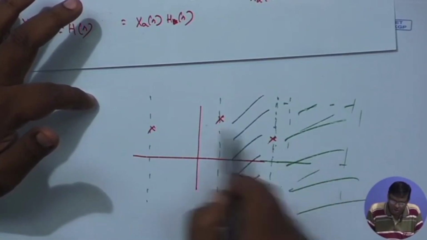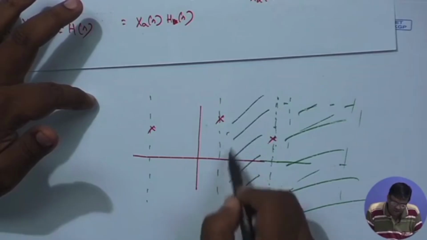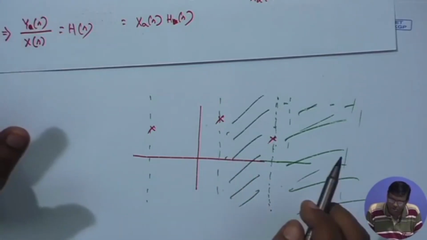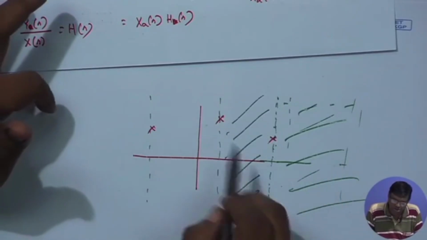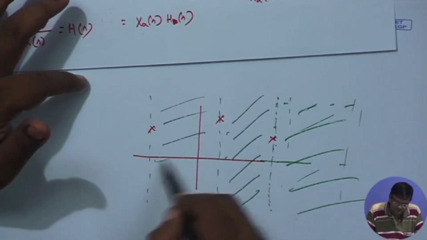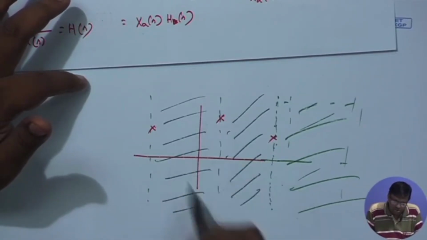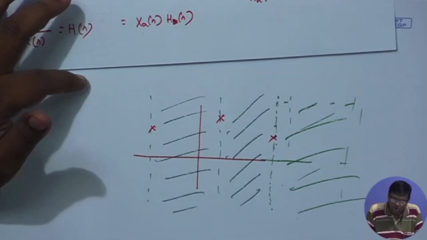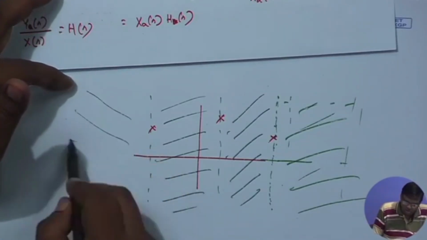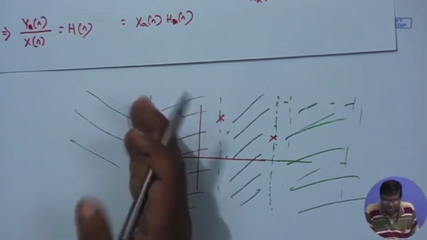This strip does not contain any pole because I am not including the lines, so that could be one ROC. The ROC cannot contain the poles because at poles the function does not exist. Or it could be this strip, without including the lines, or another one going up to minus infinity, that is an infinite strip.